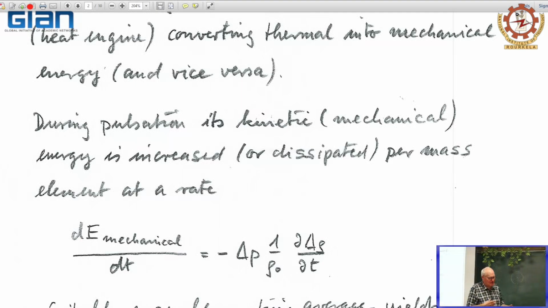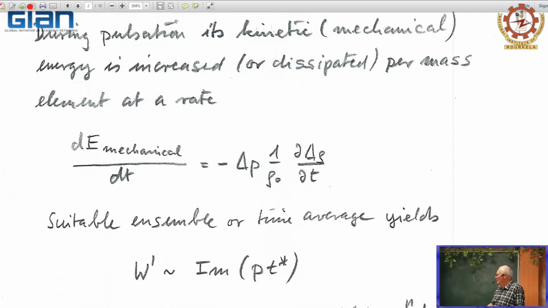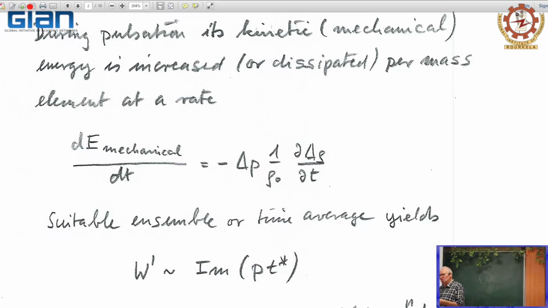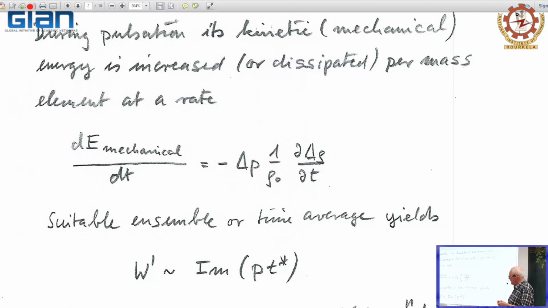In fact, if we go through the analysis, then we can actually calculate this from the eigenfunctions of our perturbation problem. This W dash defined before can be obtained by taking the imaginary part of the pressure perturbation times the complex conjugate of the temperature perturbation.